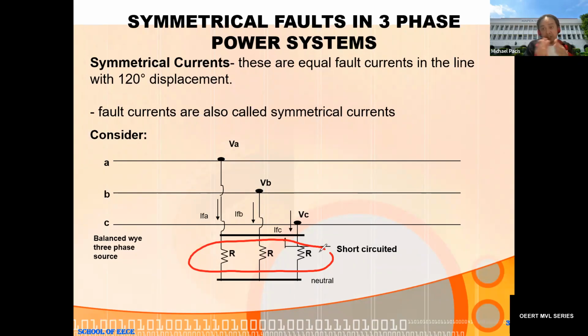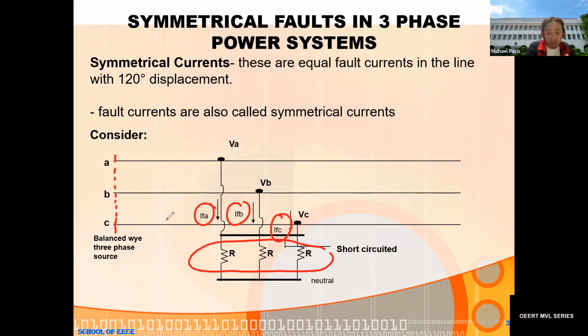For this example with an AC source, it is a resistive load. Then the short circuit occurs here, and it will develop three vectors, IFA, IFB, and IFC, respectively. The source that I'm talking about here is the balanced source, A, B, and C.